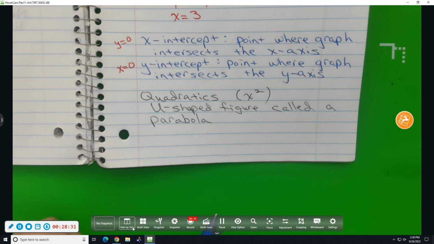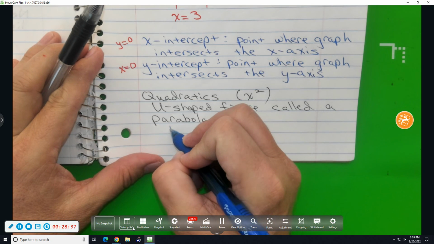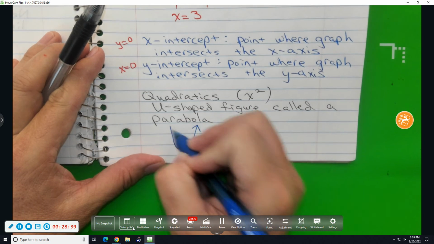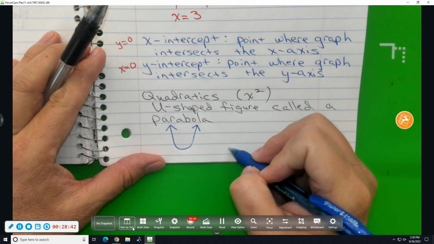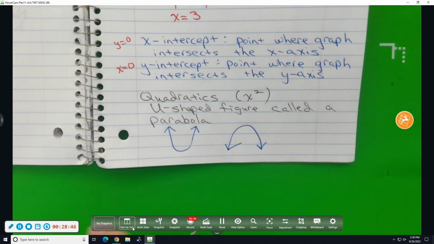It's nothing real sophisticated. We're just going to plot points to draw the graph. The U-shaped figure will either be opening upward or it could be opening downward. And as I said, in a couple of weeks, we'll be looking at quadratics in more detail. But for right now, we're just going to be plotting points to get the graph drawn.